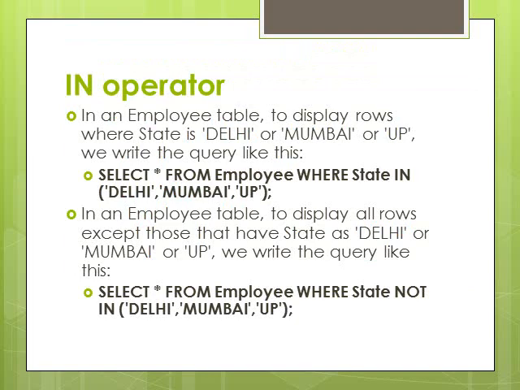So based on the employee table, to display the rows where state is either Delhi or Mumbai or UP, the statement we can write is: select star from employee where state in, within round brackets, in quotes, Delhi, comma Mumbai, comma UP.